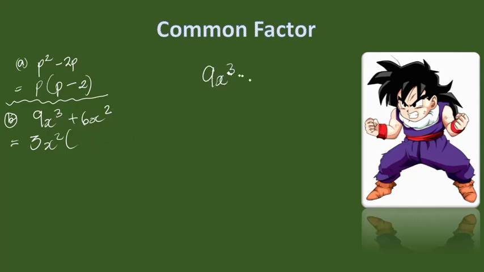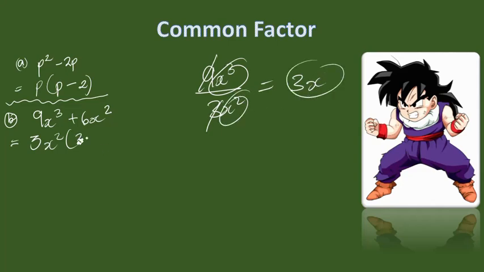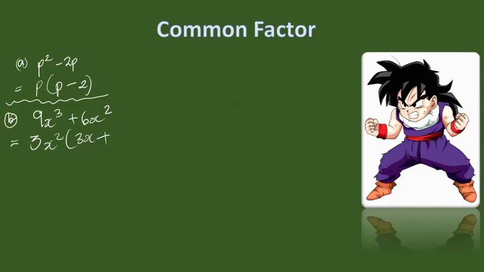So I have 9x cubed divided by 3x squared. What happens? I say 9 divided by 3, that is 3. X raised to 3 divided by x raised to 2, I'm left with x. So what's left, I'm going to write it inside the brackets here, right? The next part, again. The next part, I have the 6x squared.